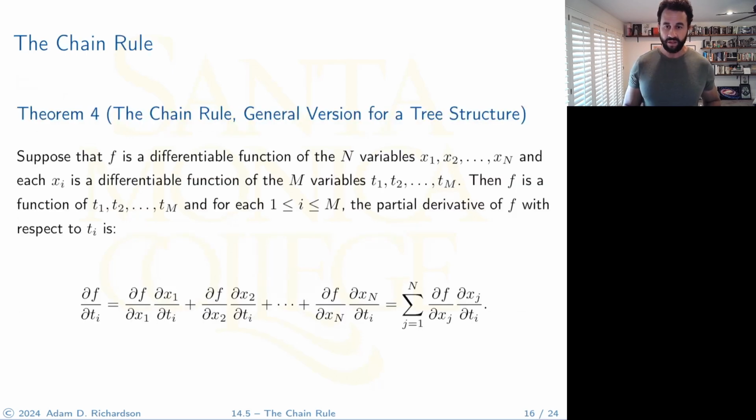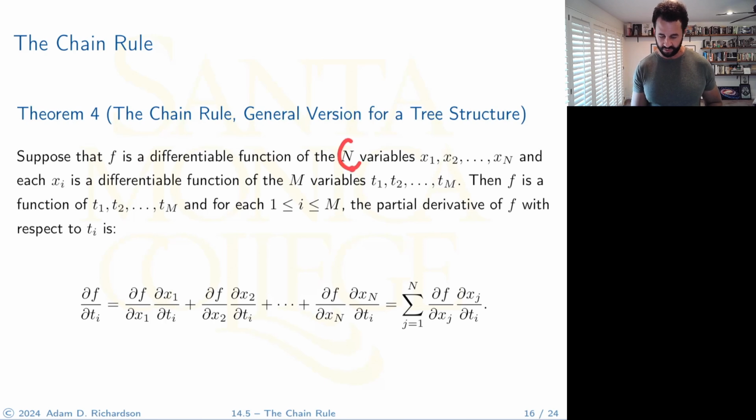Okay. All right, so in general, this one actually is in the book too. I'm pretty sure it is actually in the book. If you just have a general tree structure where your compositions are just trees, then this is the generalized chain rule for each partial derivative of f.